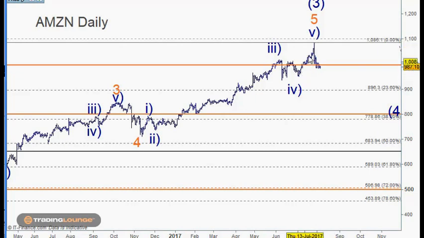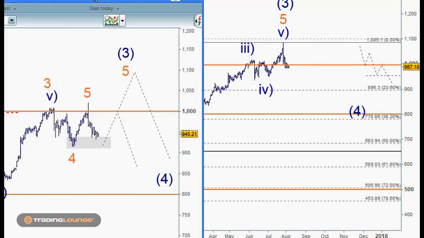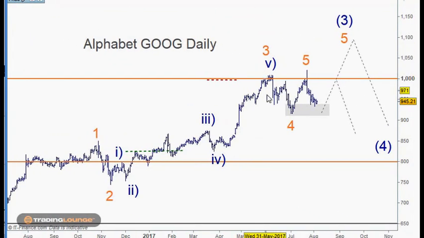Now the only mistake is wave 1 here is really small, so I'm not expecting much of wave 5 here because the extension's in wave 3 here. But it is possible that this could just be wave 1 up and wave 2 and then 3 and 4 and 5. We're yet to see that, but I think that the Amazon one could actually even start its correction now. And the Google one, Google Alphabet, is pretty much the same as well.